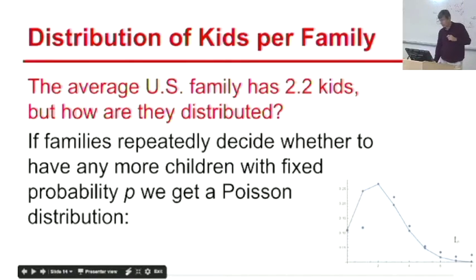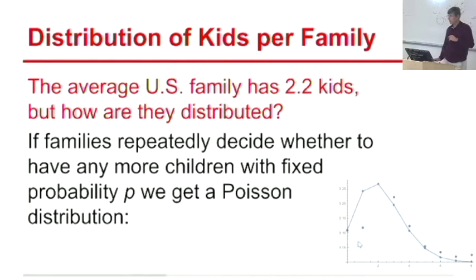The blue thing is the Poisson distribution of the probability of having X kids if the mean turns out to be 2.2. And I also show the actual observed number of kids that I saw in a family data set. And the data fits it reasonably well.